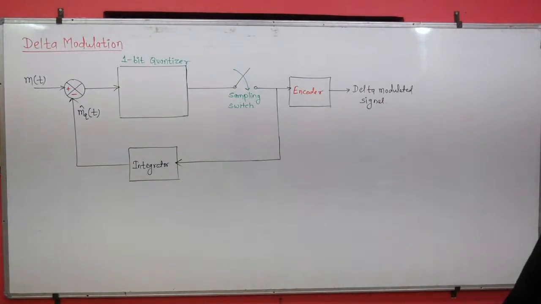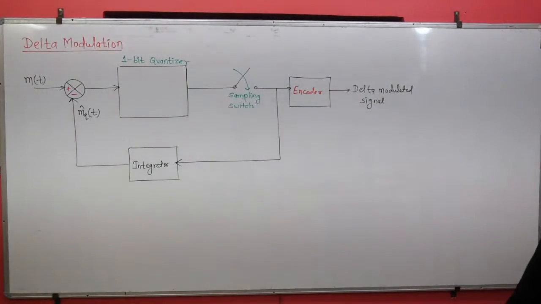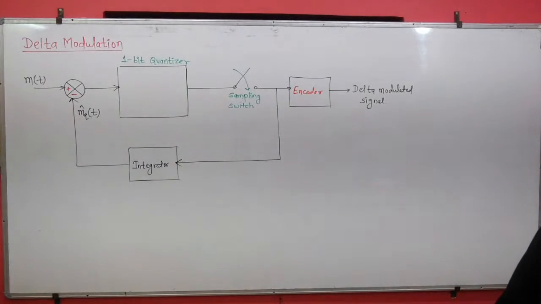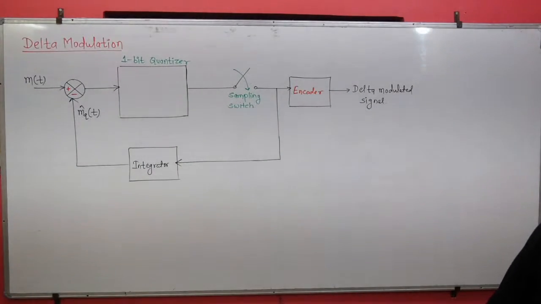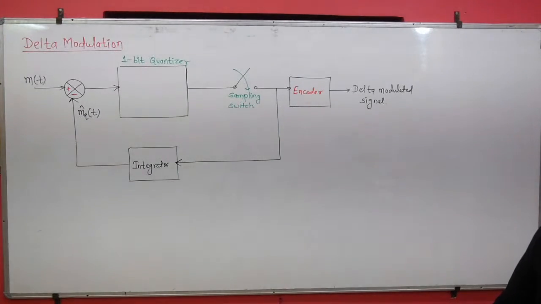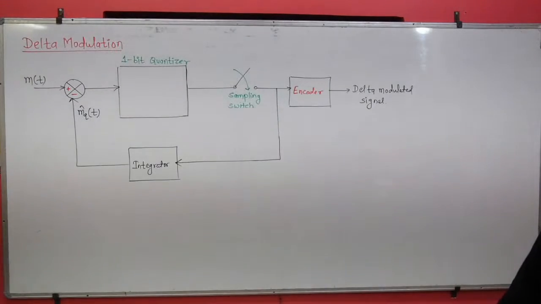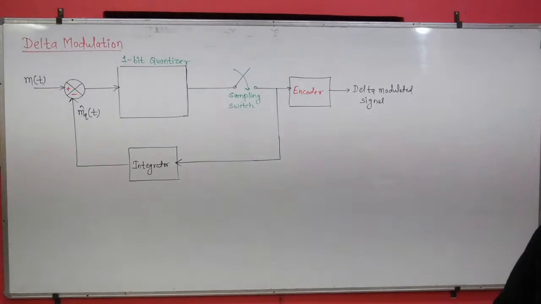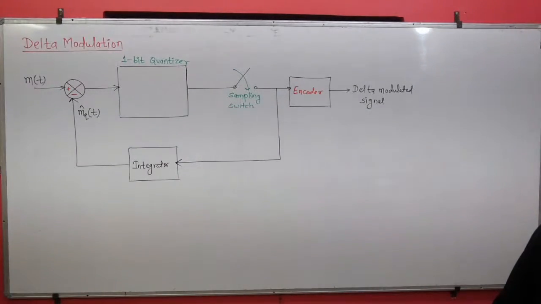Okay, very nice try, Nutan. Your answer is correct, but what is the principle and what is the meaning of 1-bit quantizer? Yes, Twinkle, used for transmission of voice signal, that is also correct. That is the application of this. I am asking the principle of delta modulation. So anyone can tell this, what is the meaning of 1-bit quantizer?